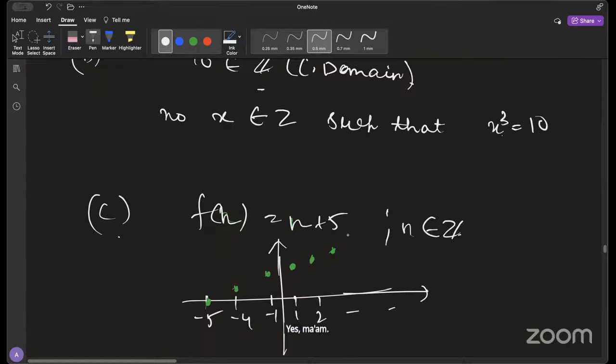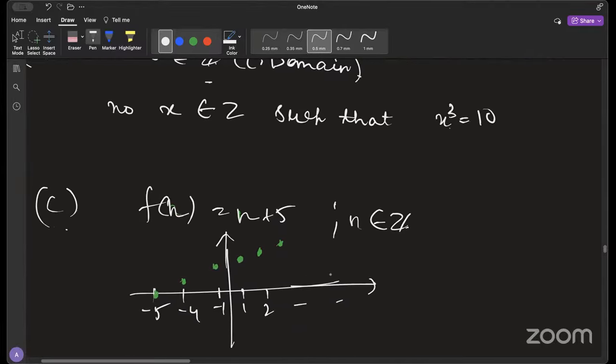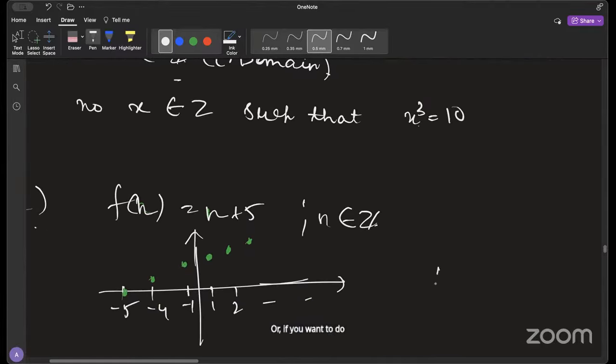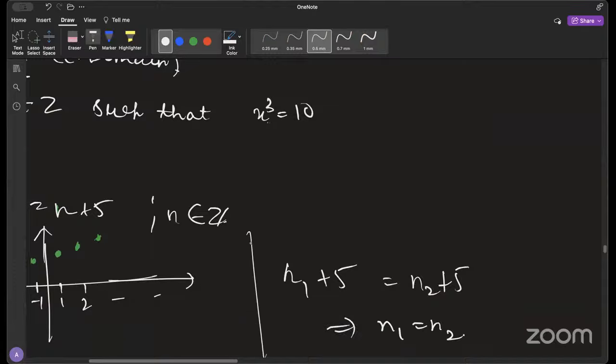Because it's strictly increasing, that's why it is 1-1. No two numbers have the same value. You can see from it. Or if you want to do it the algebra way: if n1 plus 5 equals n2 plus 5, this would mean that n1 equals n2. That's the definition of 1-1.